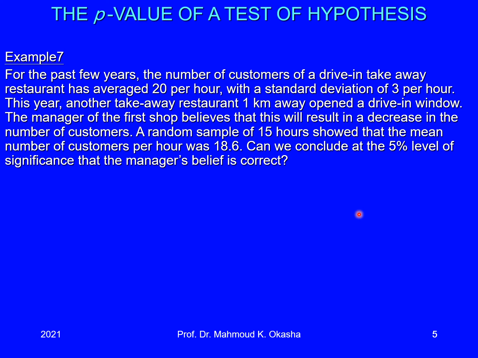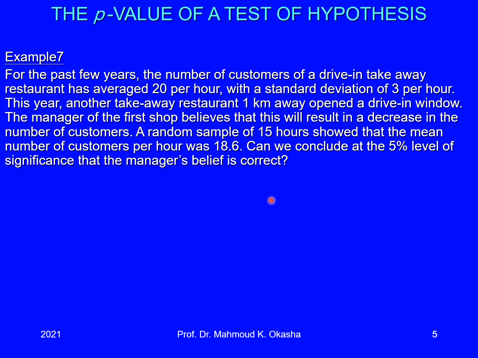The manager's belief, what was it? As we mentioned, this new shop will result in a decrease. So the average will be less than 20. It was 20, and the manager believes that it will be less than 20.